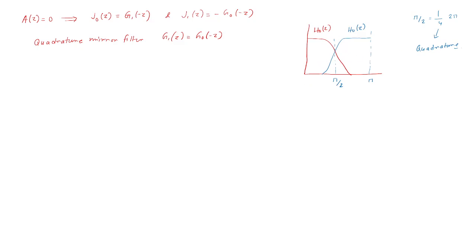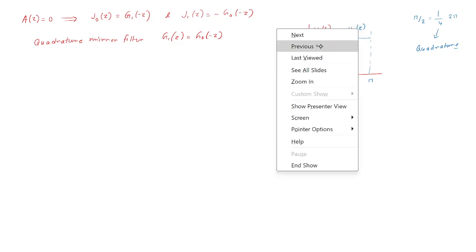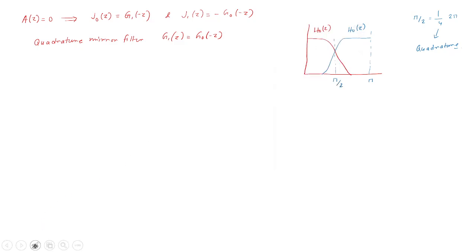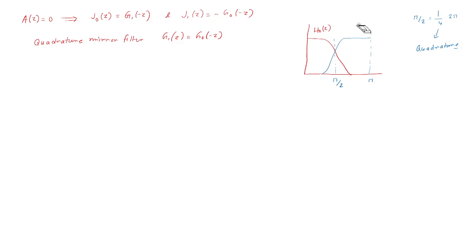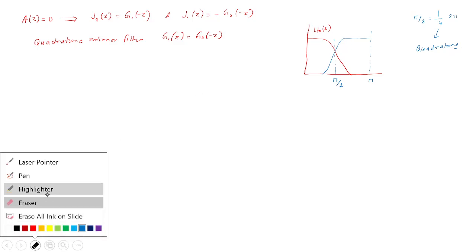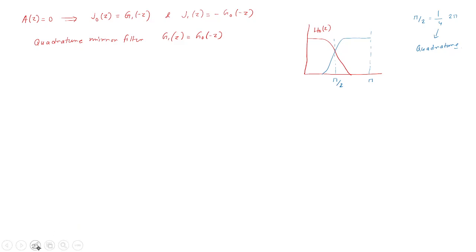What is the difference between H0(z) and H0(-z)? You can see this blue filter is nothing but a flipped and shifted version of H0(z).